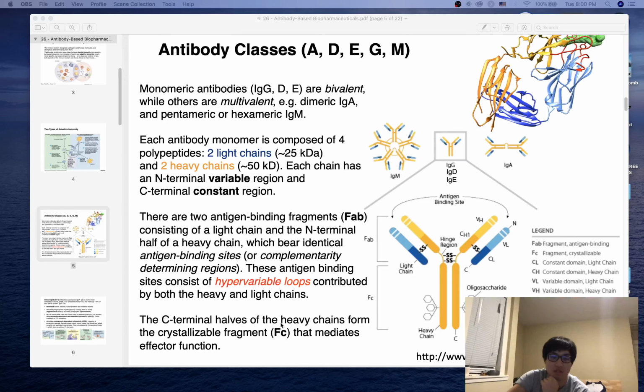FC stands for crystallizable, but it's easy to remember like A, B, and C. The function of Fab is antigen binding. It's for the recognition of the antigen with this antigen binding site.